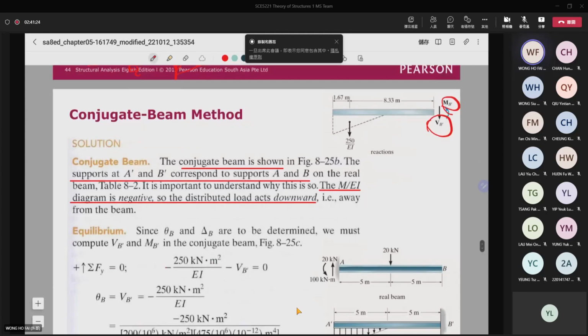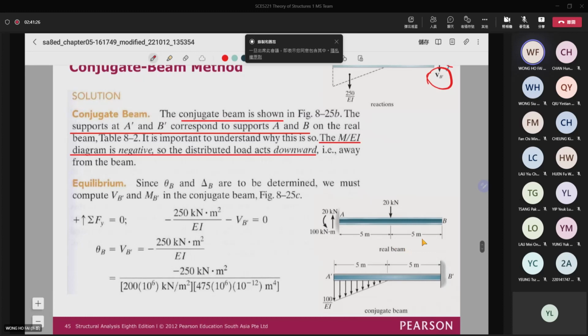So for here, this is my conjugate beam, because this is my moment and then I just divide it by EI, then I will subject it to a distributed load of 100 over EI. Then I will find the shear, and then I will find the moment.